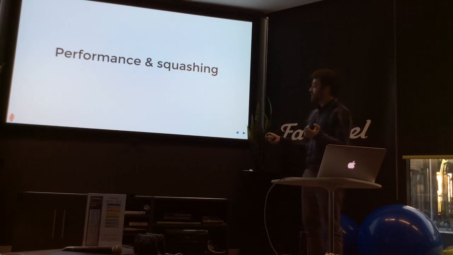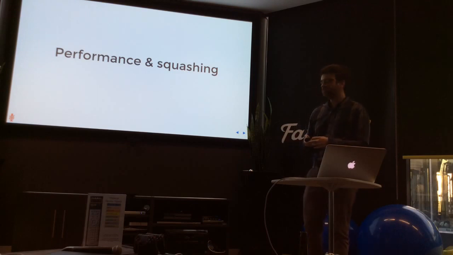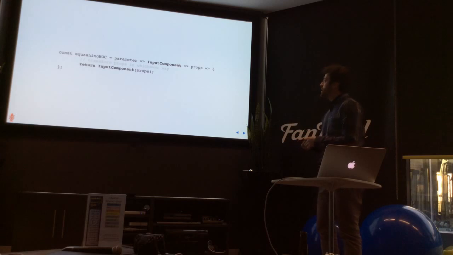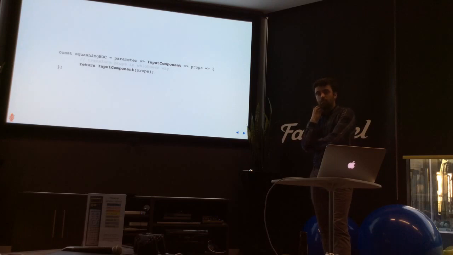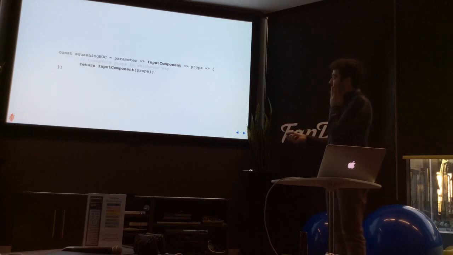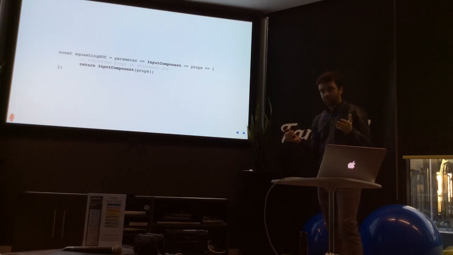Okay, squashing is the technique I'll show you now that can make this very, very efficient. I first saw it from the guy who made Recompose, who also co-authored Redux, and I think he's called Andrew Clark. Basically, remember I return a JSX thing here.